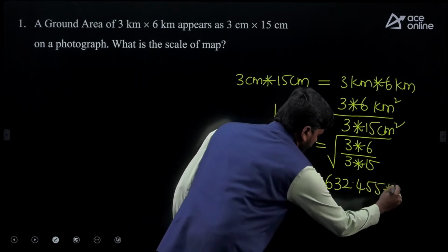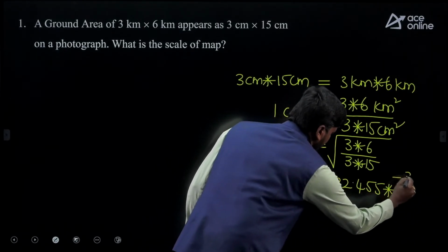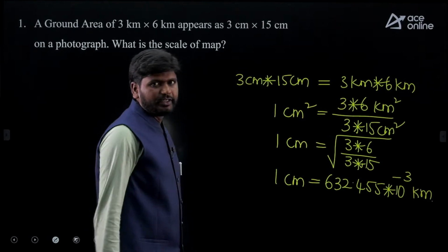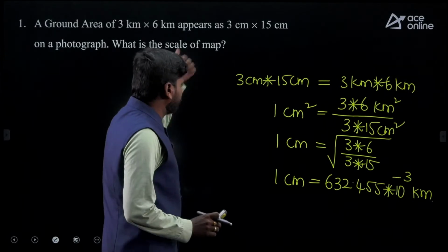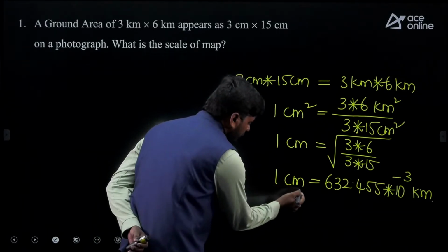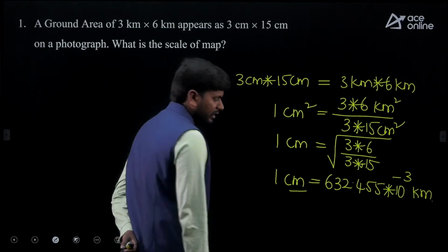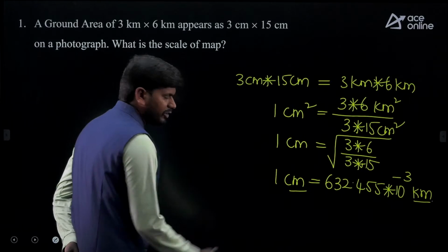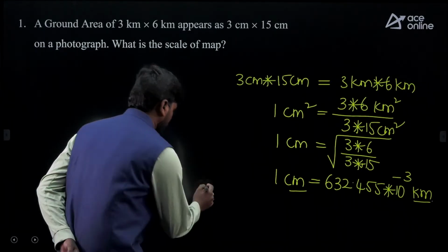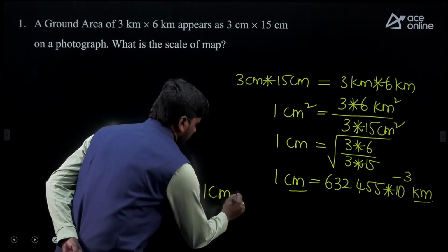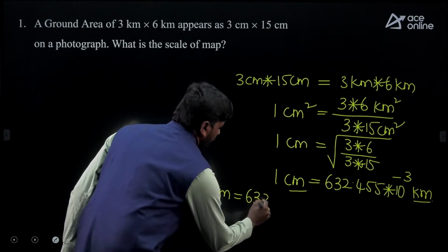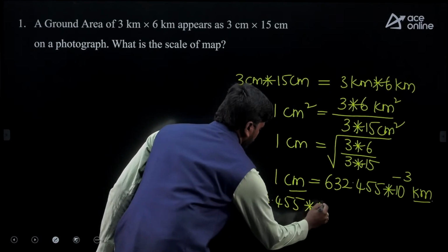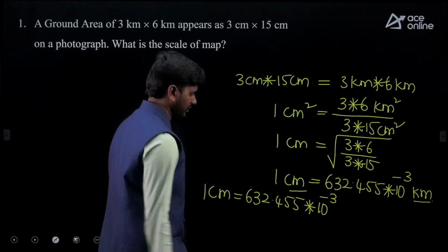632.455 into 10 to the power of minus 3 in kilometers, right. He is asking us the scale of the map. Here the units are centimeters on one side and kilometers on the other, so let me convert that kilometer into centimeter. 1 centimeter is equal to 632.455 into 10 to the power of minus 3, the existing value.